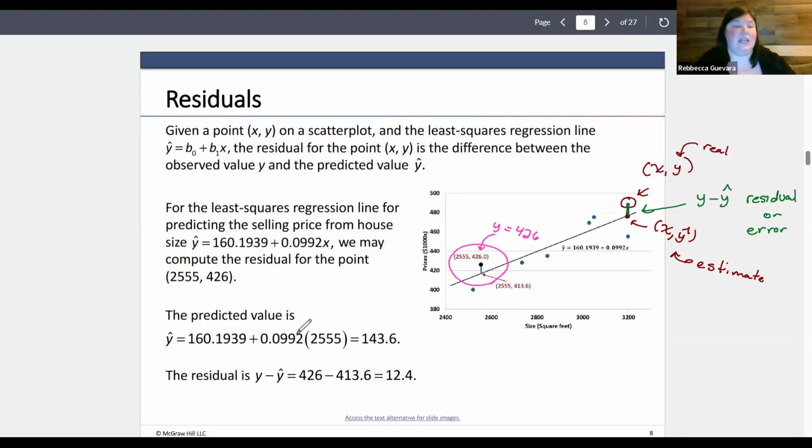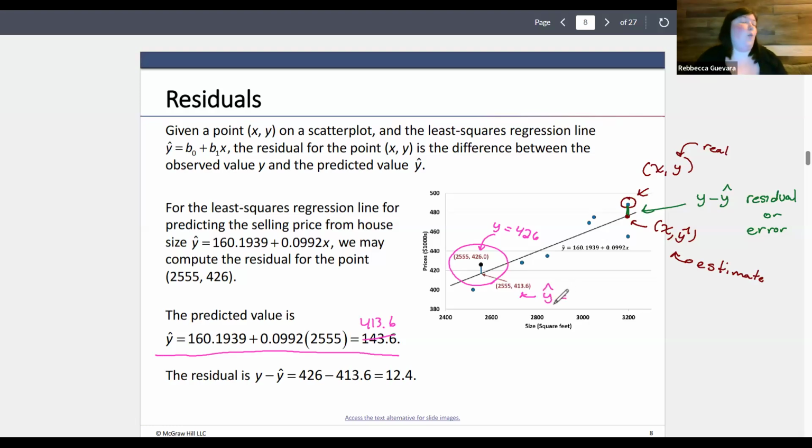However, if I plug that into the equation, we get something a little different. That's a typo. That should be 413.6. I'm going, that is way off. If we happen to plug in my 2,555 square feet, then what we see here is that we are going to get my ŷ.